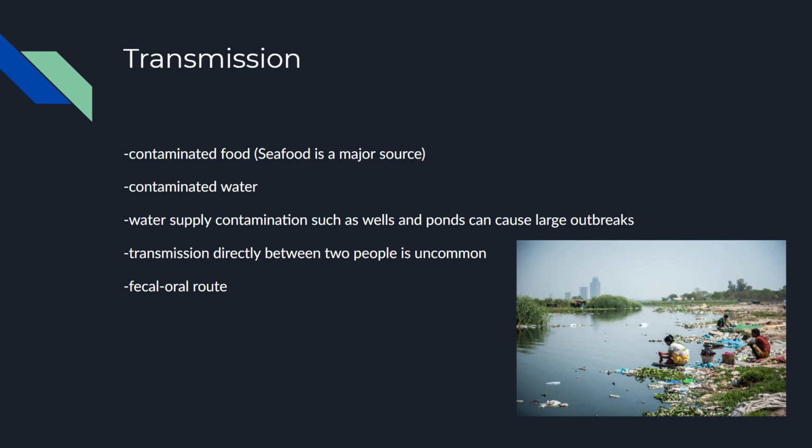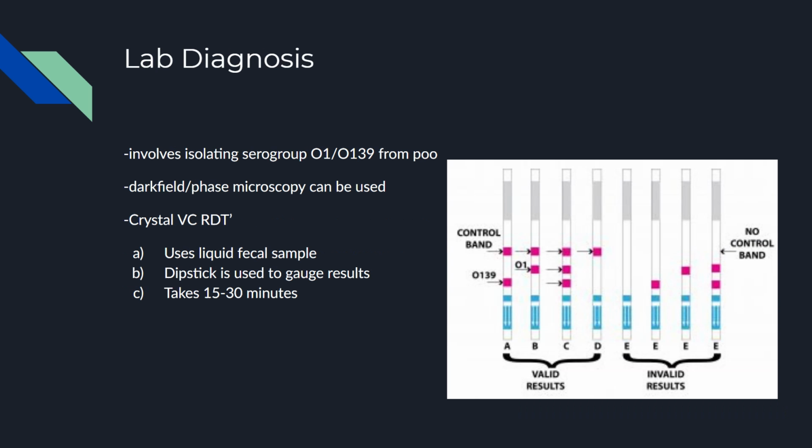It should also be known that direct transmission between two individuals is not as common as you would assume. It's usually transmitted through the fecal-oral route. So, for example, somebody defecates in the water and there's cholera in there, and somebody drinks it a few miles downstream and probably gets it. That's kind of what it means.